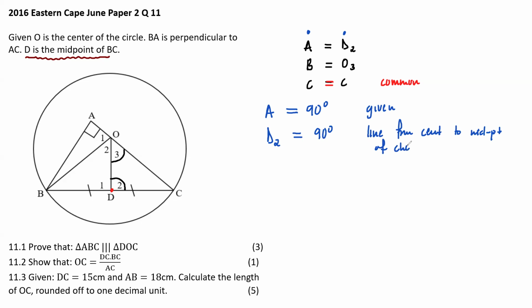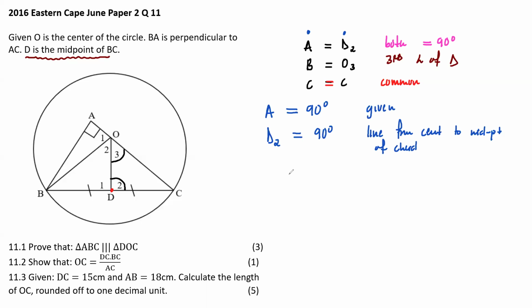So D2 is 90, and therefore A is equal to D2, and from the reasons at the bottom, I can see that both are equal to 90 degrees. Two reasons spotted. Last one, third angle of a triangle.